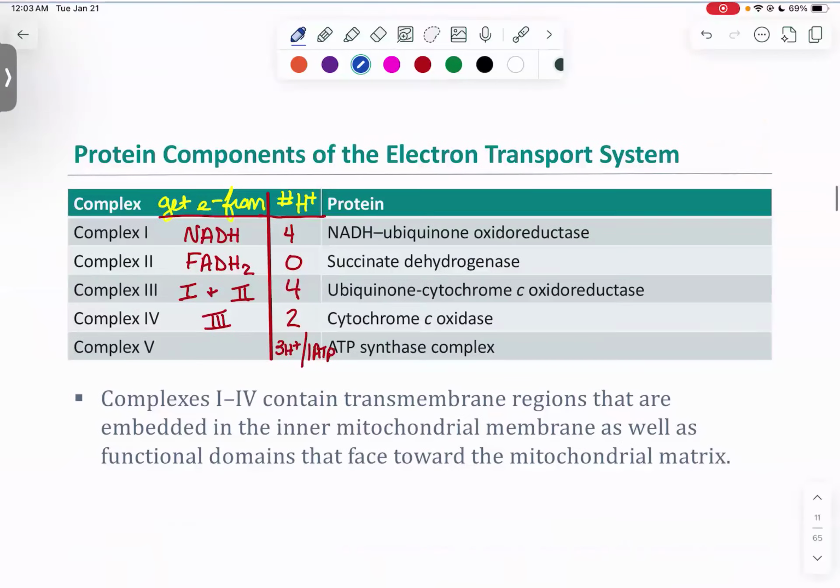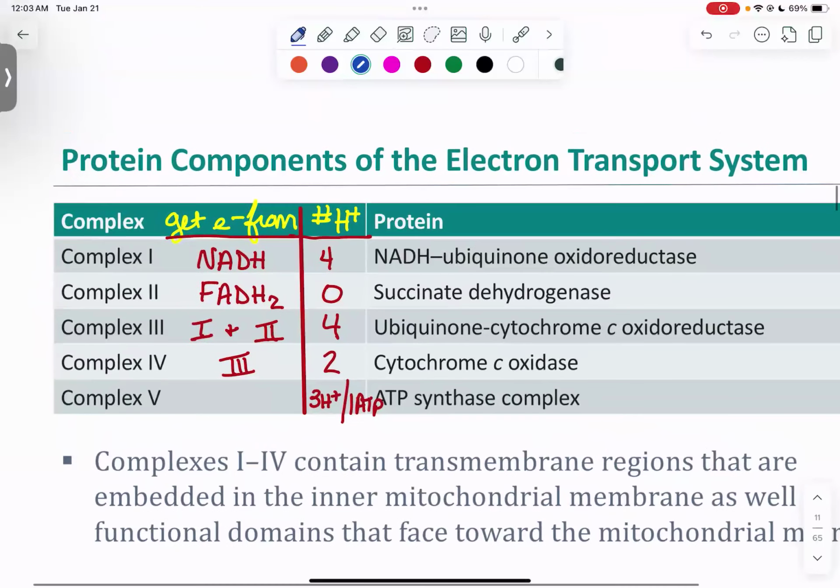Okay. So when we look at the components of the electron transport system, you need to know the names of them. So start getting familiar, but they're going to make sense as we go through and explain them. So there are 5 complexes that are required for oxidative phosphorylation. So what we need to know is, what are the complexes? Where do they get their electrons from?